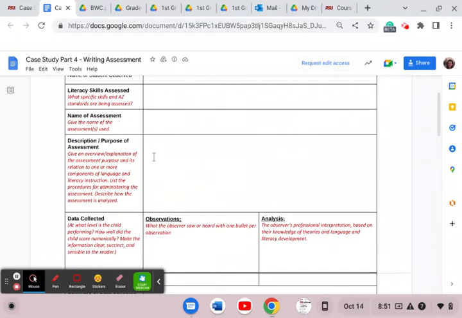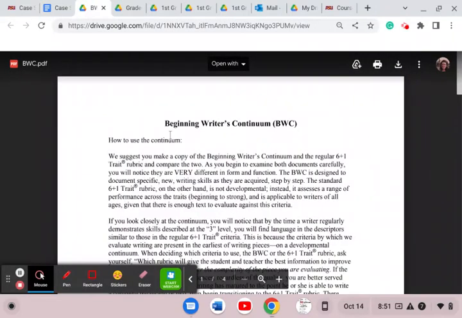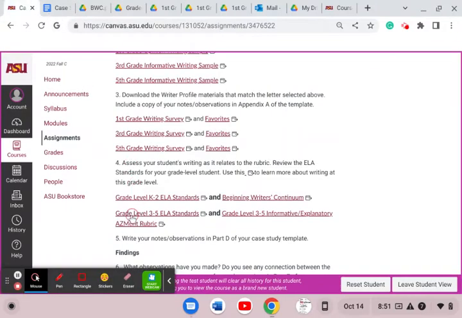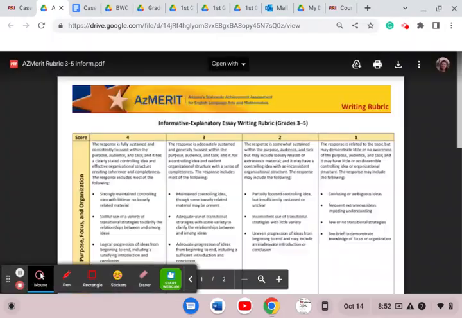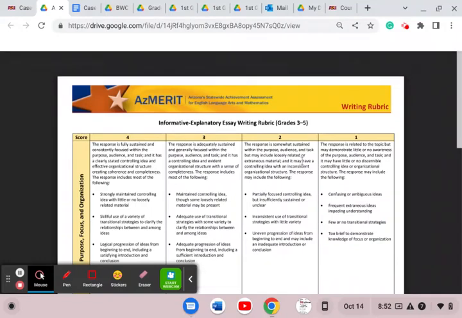Description and purpose. So they give the description and purpose up here at the top. AZ Merit rubric, let's look. Also gives the description on each one. So it's a writing rubric, right?